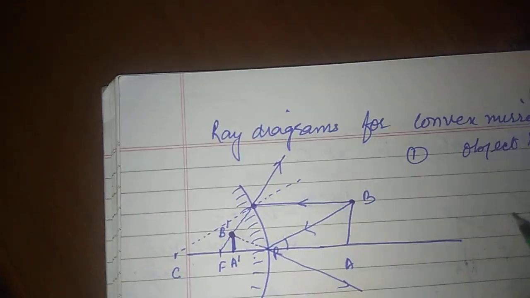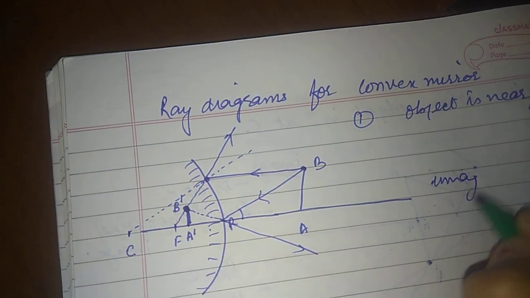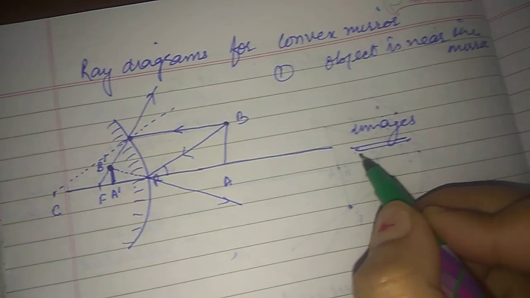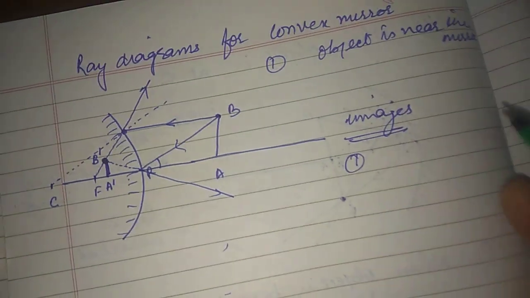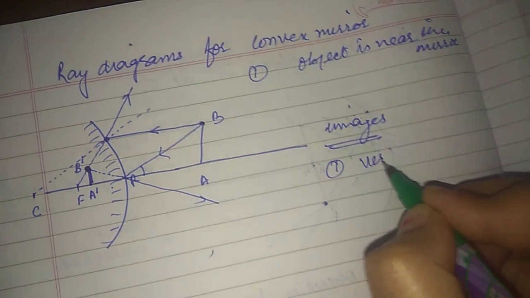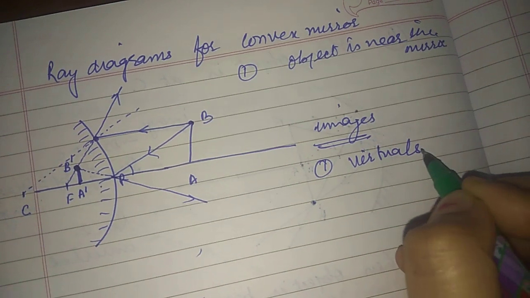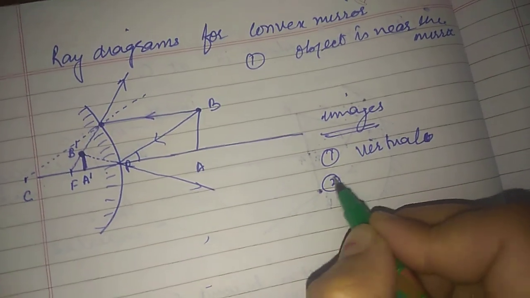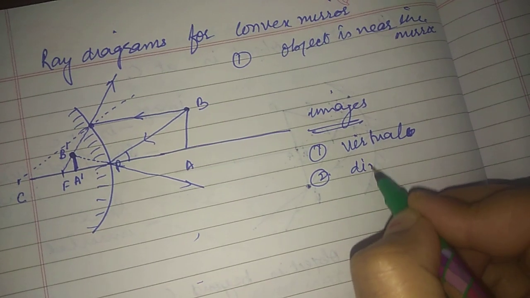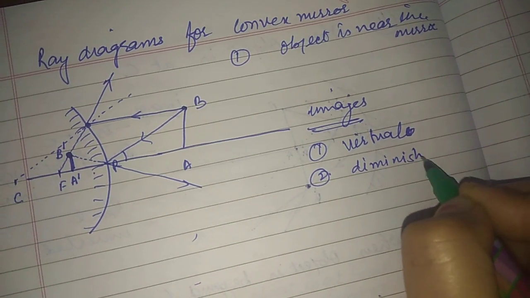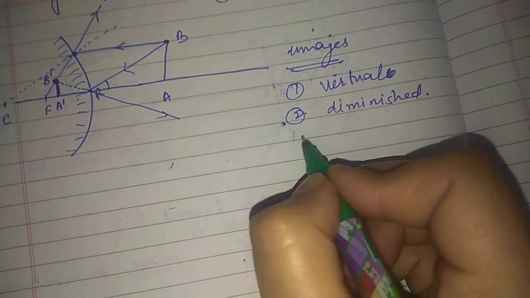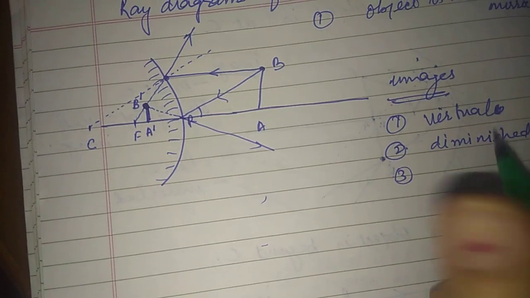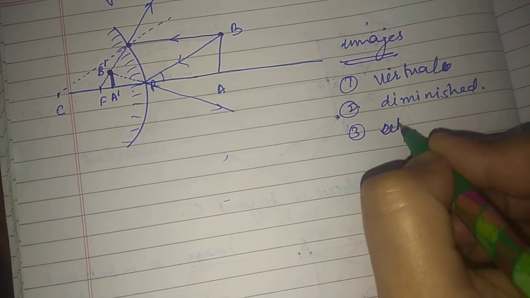And what are the characteristics of the images? Here first point is image is virtual because rays were not actually meeting. Second, it is diminished. Third, it is between pole and focus.